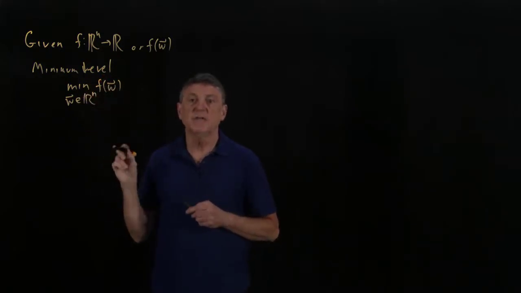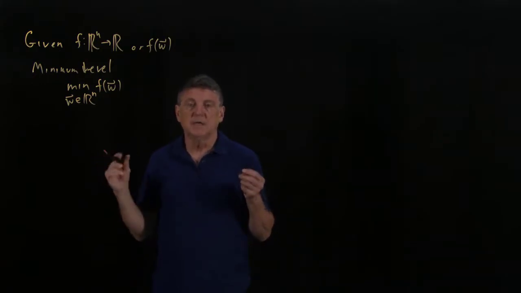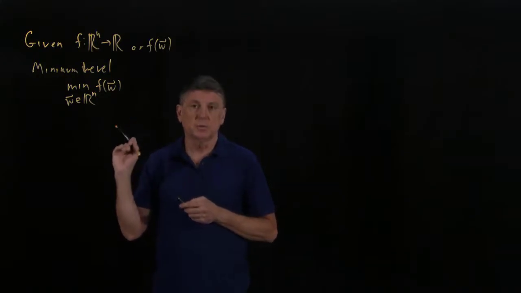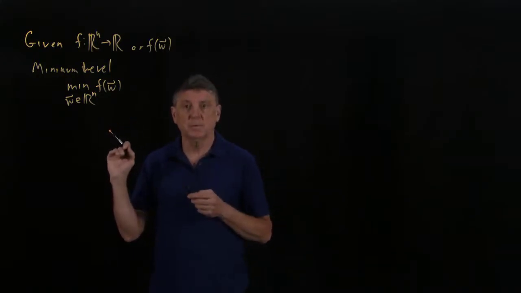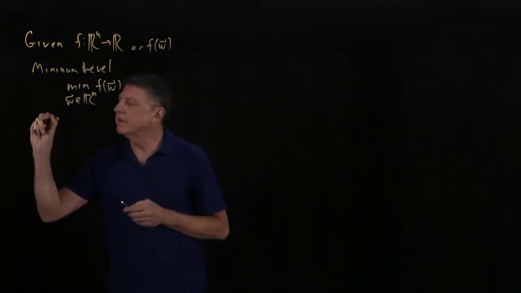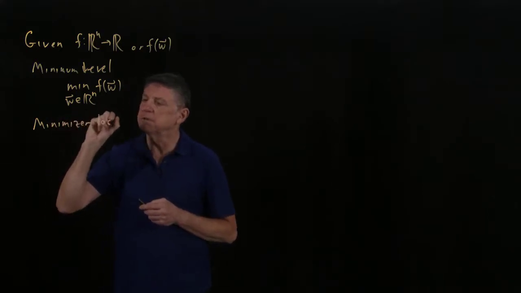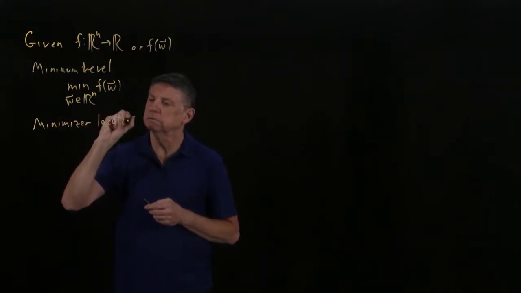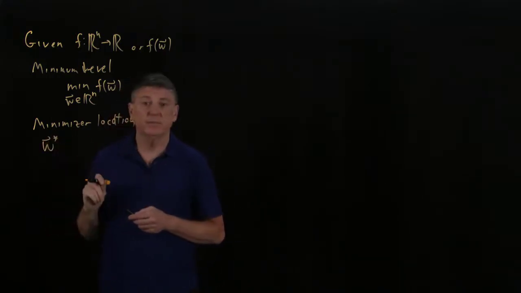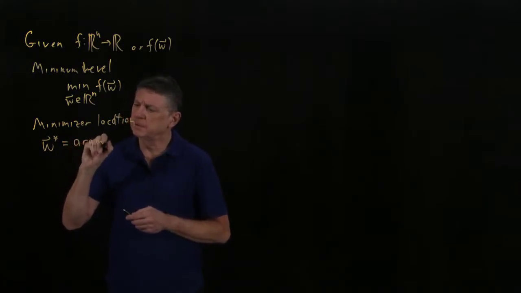What we want to know is, where does the level occur? For example, in our hilly terrain, the exact height above sea level isn't of particular interest. What we want to know is, where is our automobile? That is, we want the location of the minimizer. Let's call it the minimizer location. That is some stationary point, and that stationary point will be a different thing.